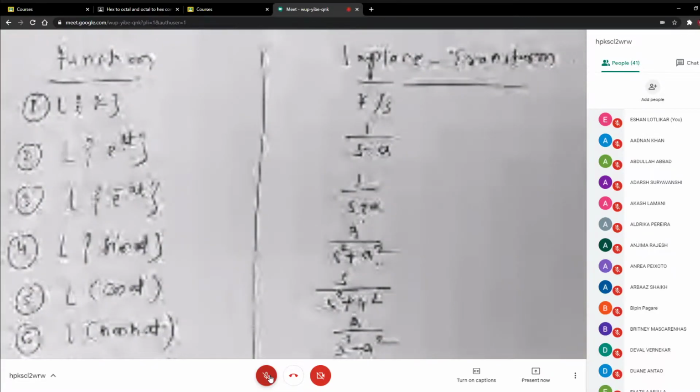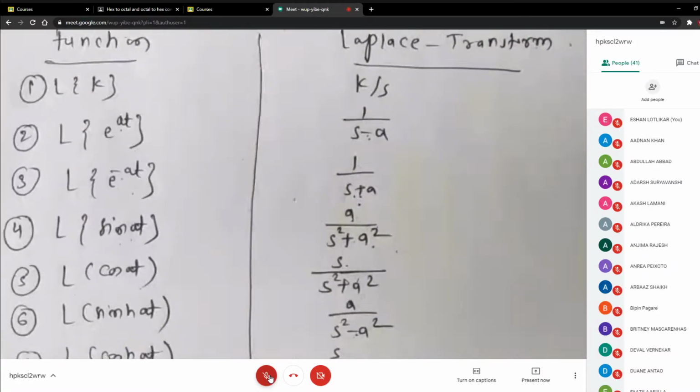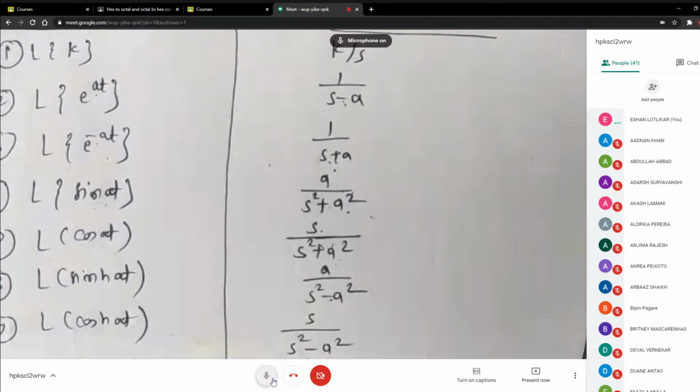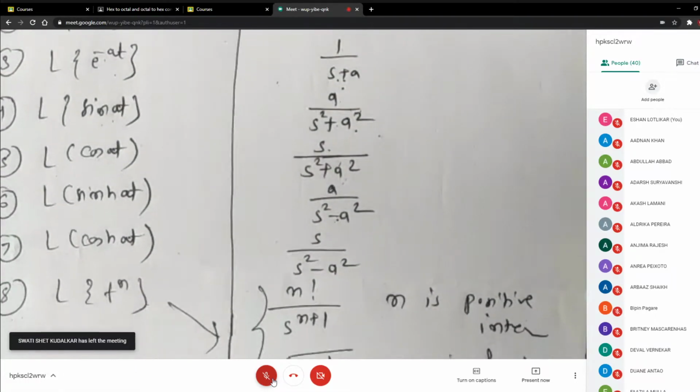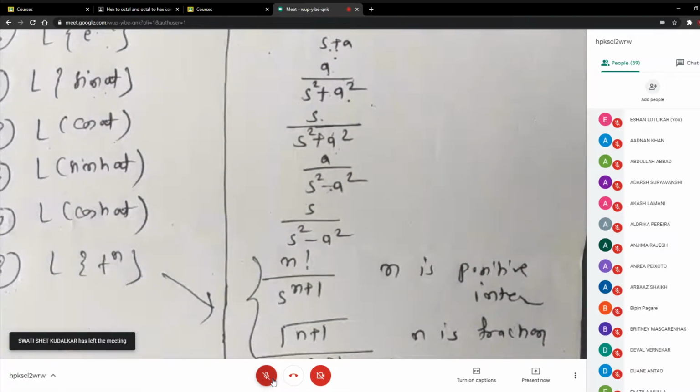Okay, should I move the page up? Okay, done. All of you took down? Does anybody want me to dictate? Okay, so till t raised to n you wrote, no? All formulas, L of t raised to n.